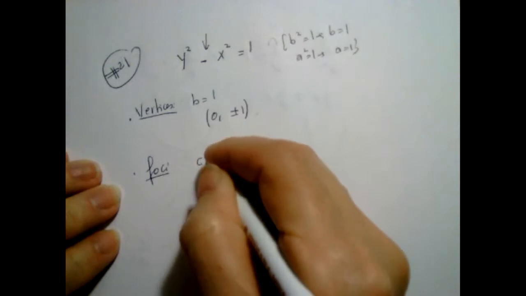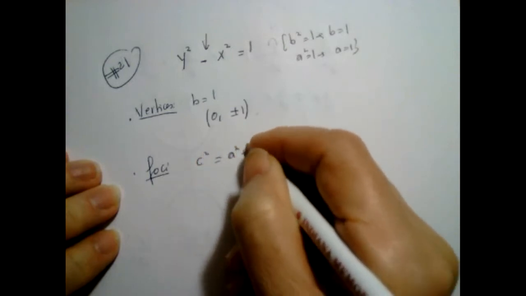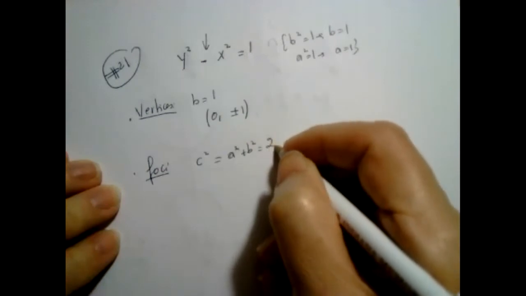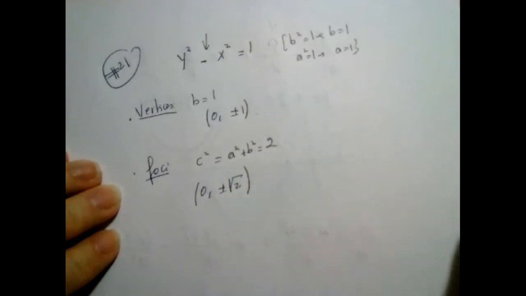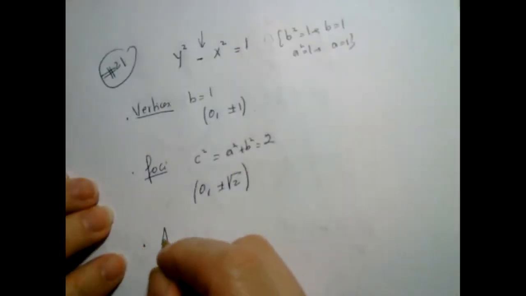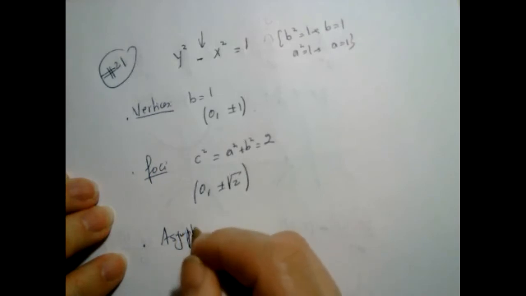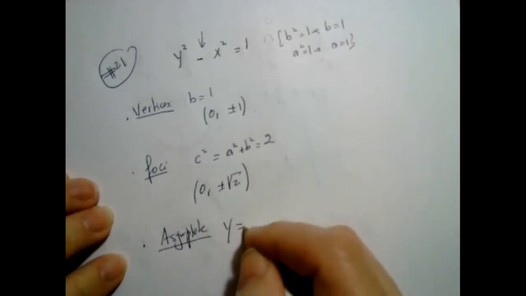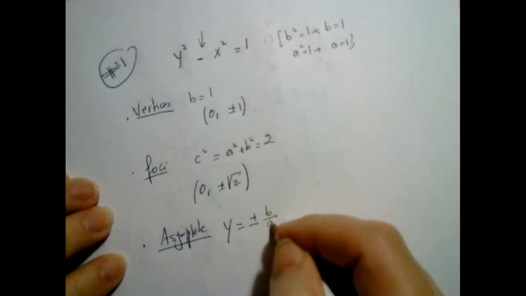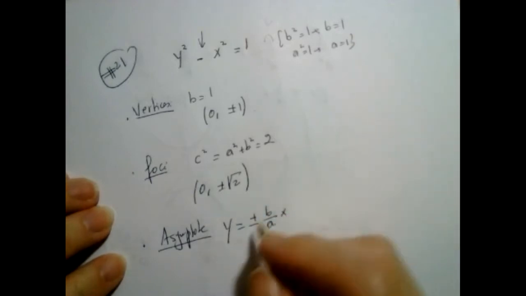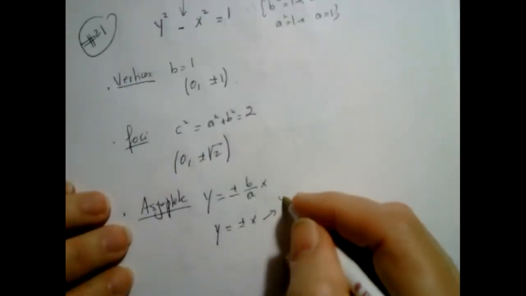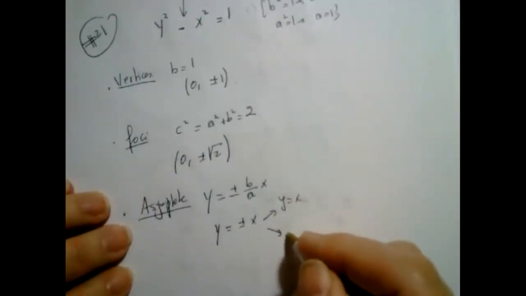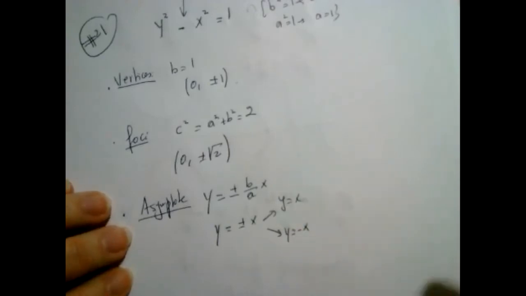For the hyperbola, the formula for the foci is a squared plus b squared, which is equal to 2 in this case. So the foci are (0, plus or minus the square root of 2). The asymptotes are y equal plus or minus b over a times x. My b is equal to my a, so this is plus or minus x. So we have two asymptotes: y equal x, and y equal minus x.